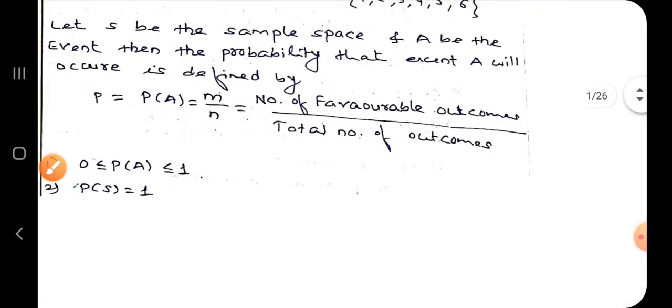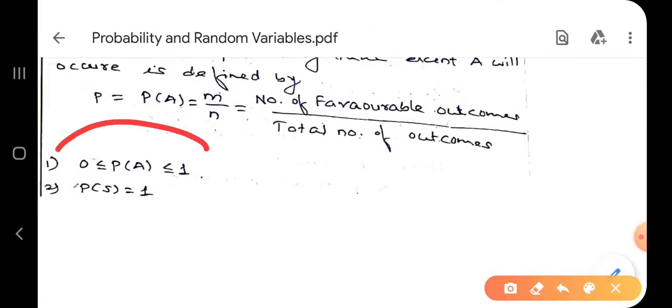Now, probability always lies between 0 and 1. It means it is either 100% or none. Just like 1 means he will pass, and 0 means he will definitely fail.